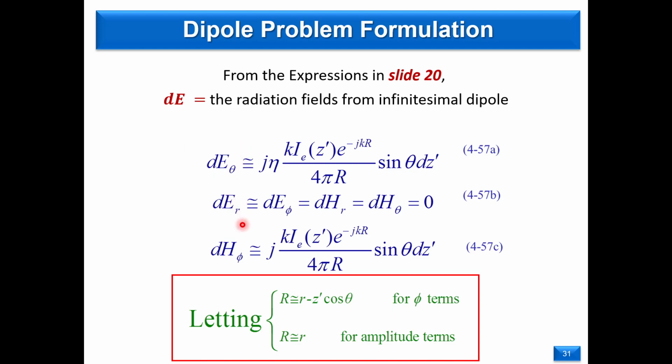Like dE_theta, dE_r and dE_phi, we can take it from slide number 20. And in this expression, we do the same approximation for R in the phase term and for R in the amplitude term.